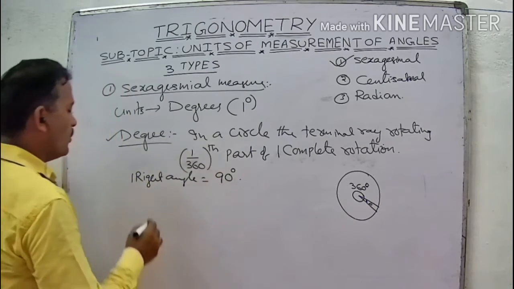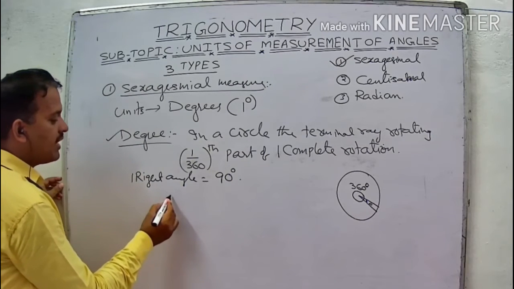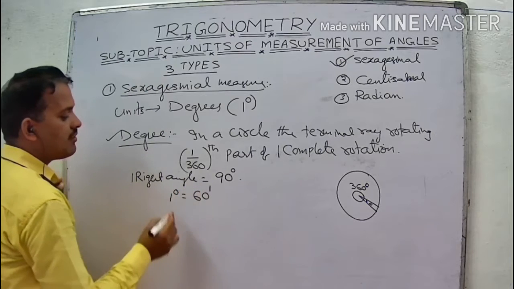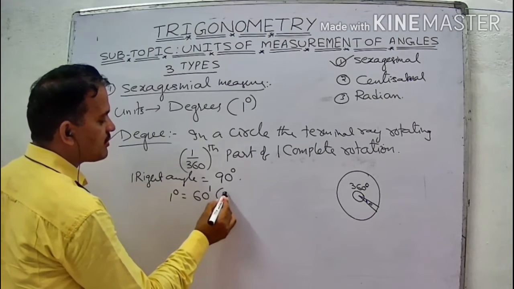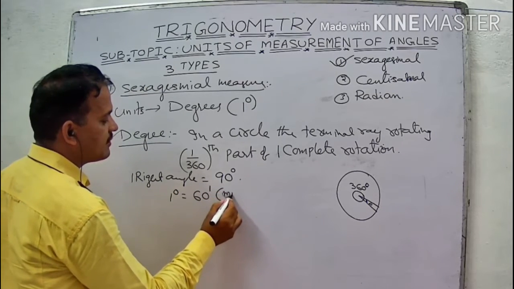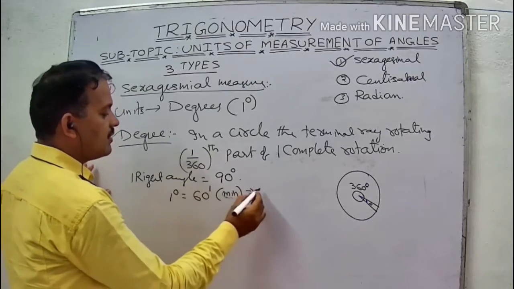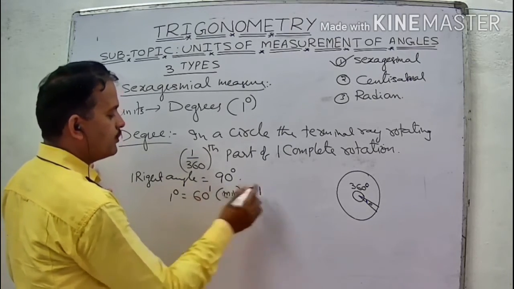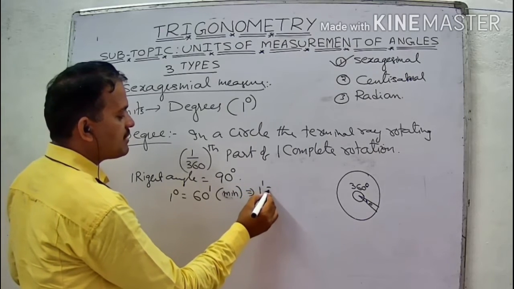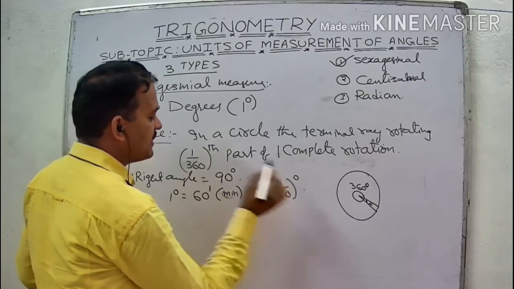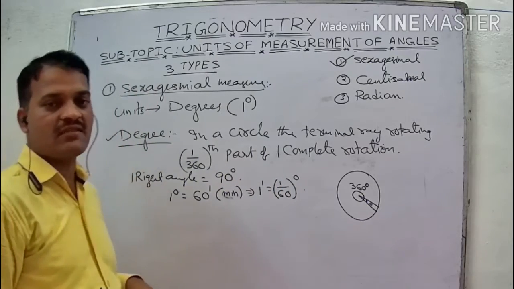Now again, 1 degree can be divided into 60 equal parts, and each part is called a minute. So converting this into minutes, 1 minute is equal to 1 by 60 degrees. That is the first conversion, my dear friends.